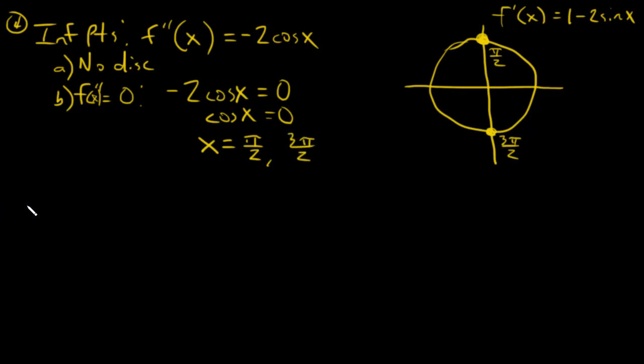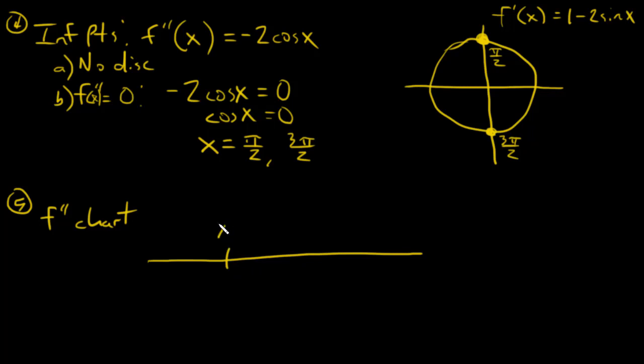Okay, so now I can do my f double prime chart. So step 5, I've got f double prime chart. So here we go. I'm going to have two locations, x equals pi over 2 and x equals 3 pi over 2. Alrighty, so test value less than pi over 2. How about 0? Yeah, that works for me.